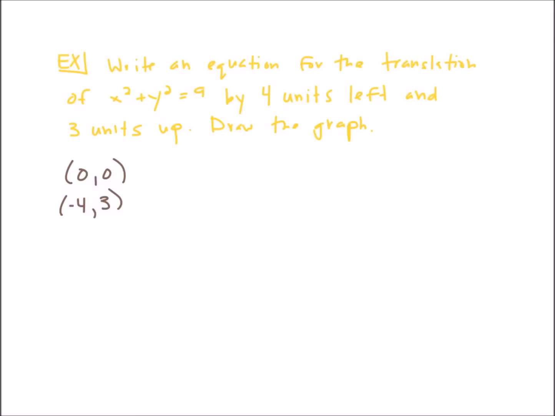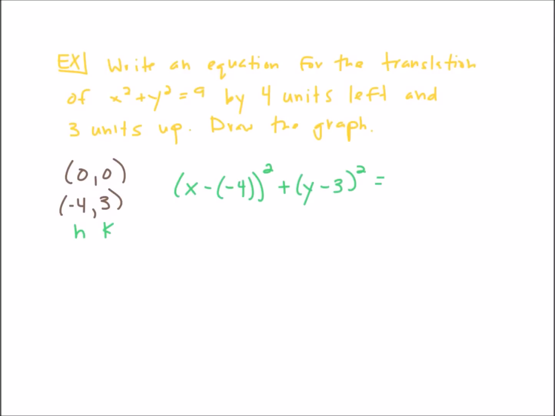So if we want to rewrite this equation, again, we have an h and a k, and we're just going to plug those in. So we have x minus our h, in this case is negative 4, the whole thing squared, plus y minus our k, which is 3, squared, equals our radius squared.